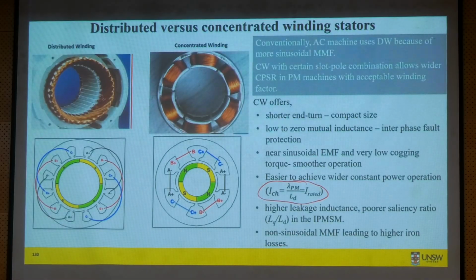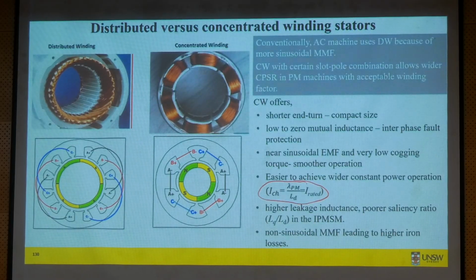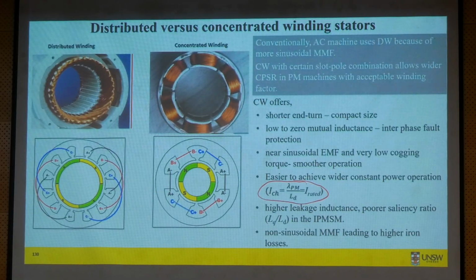The ratio of the PM flux linkage over Ld is equal to a current. Sometimes it's called short circuit current and sometimes characteristic current. If the characteristic current and rated current are equal, then theoretically you can get an infinite constant power speed range.